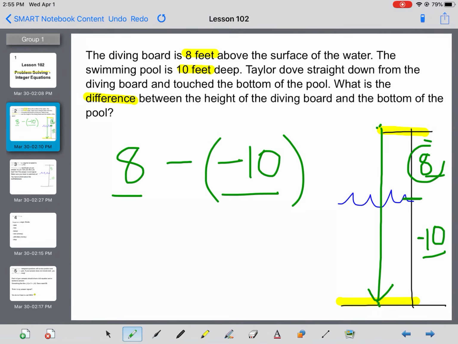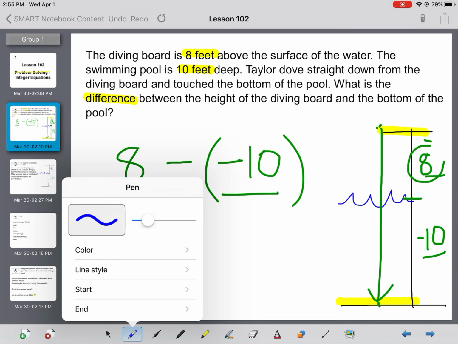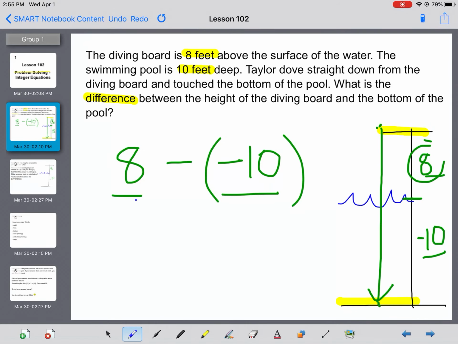Okay, so we have now as our equation, 8 minus negative 10. And you should remember how to do that from our lessons on integer subtraction. What we have to do, let's maybe change color here, is we leave the first integer, we switch the middle sign, and we switch the sign of the second integer.